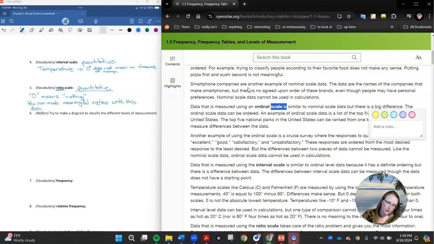And so what that means is 10 miles per hour is twice as fast as 5 miles per hour, right? 10 over 5 is a ratio that equals 2. That's a ratio that means something.